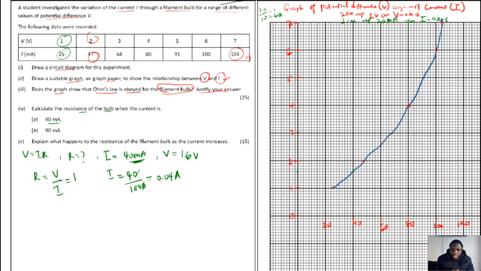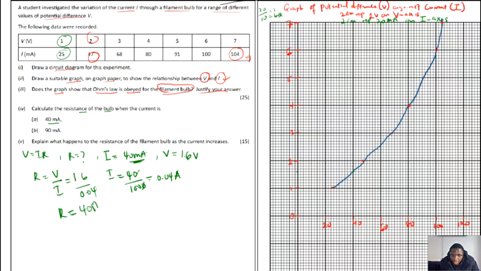So 1.6 divided by 0.04 ampere. Using the calculator, 1.6 divided by 0.04 is 40 ohm. So we have 40 ohms here.